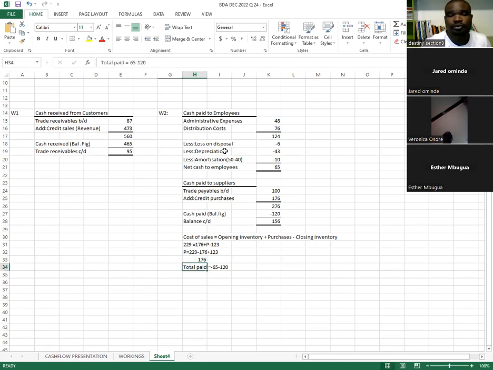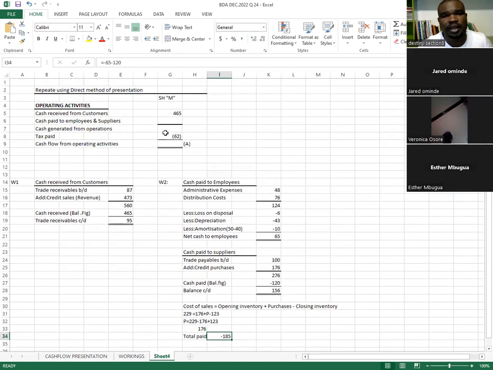Sorry. It is equal to minus 65 minus 120, which is minus 185. So that is the total paid, and that is the total you should bring here, both employees and suppliers. So that is what was paid.